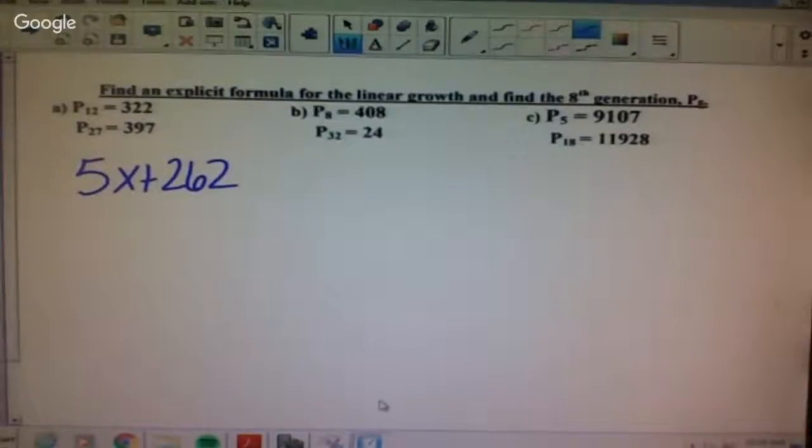They want us to find the 8th generation. So we would plug in 8.